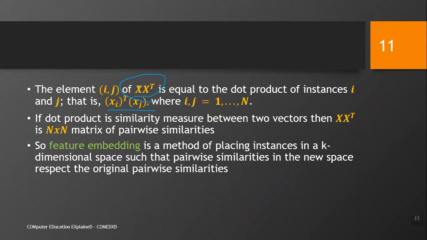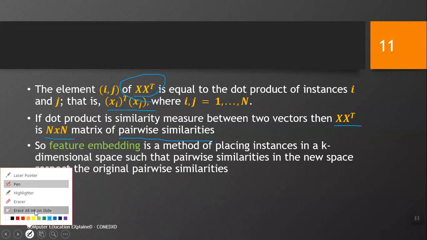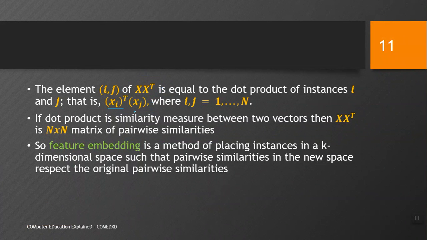If we use dot product as a similarity measure between the two vectors, then X X transpose is an n cross n matrix of pairwise similarities. Why pairwise similarities? Because it is giving the similarity between Xi and Xj.